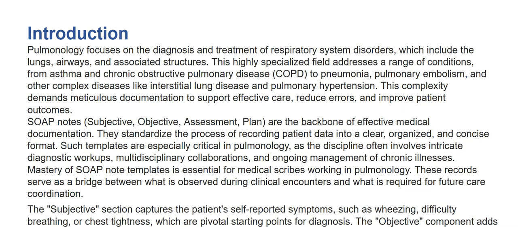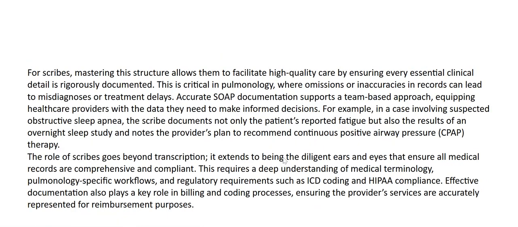These pieces of information coalesce in the assessment section, a synthesis of clinical findings that supports a diagnosis or differential diagnoses. Finally, the plan articulates next steps such as initiating long-term oxygen therapy, prescribing a bronchodilator, or scheduling further tests.